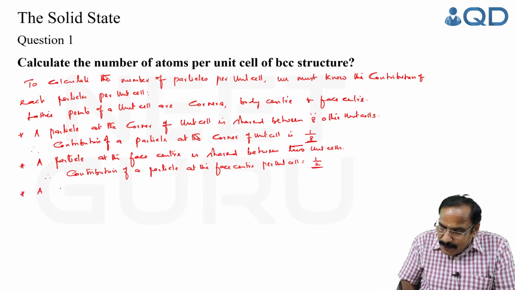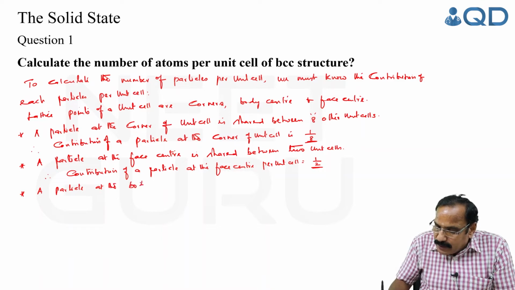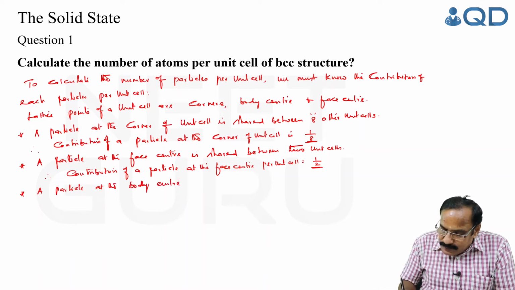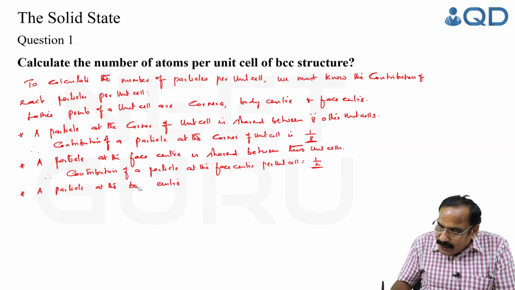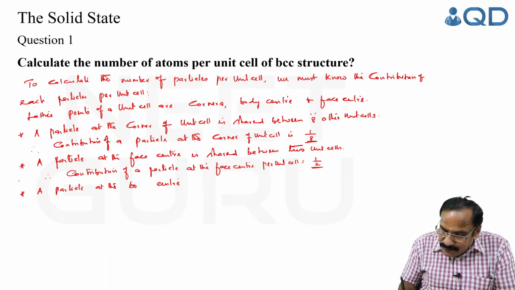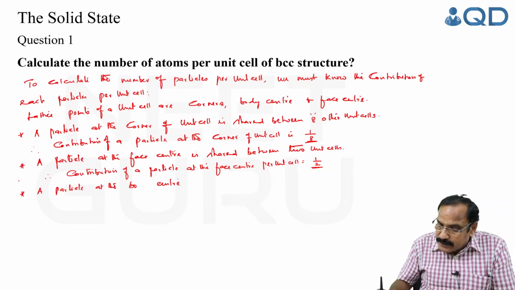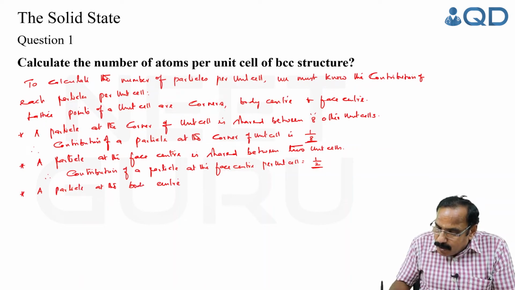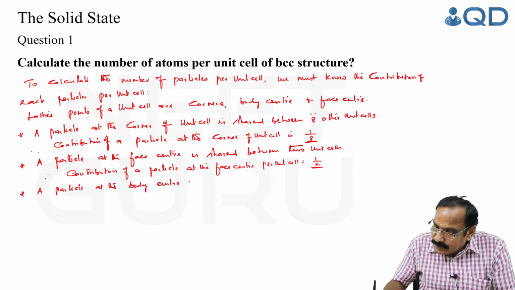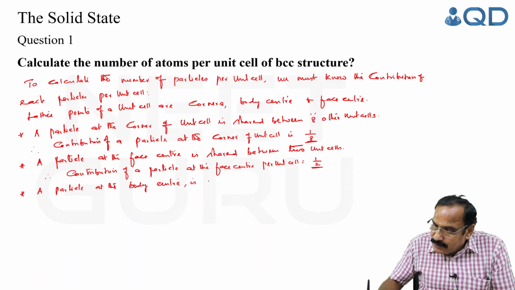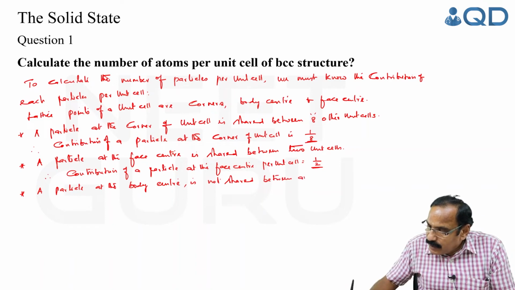Finally, a particle at the body center of the cube is not shared by anybody. It is well shielded inside. A particle at the body center is not shared between any unit cells.